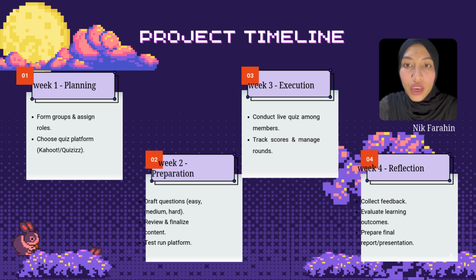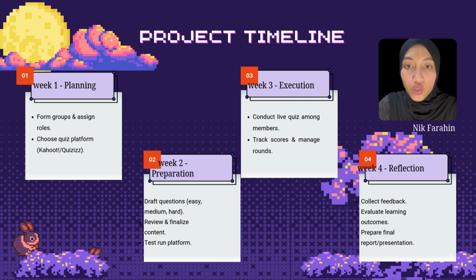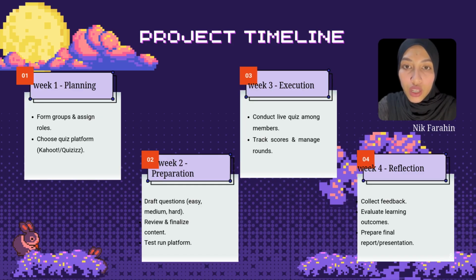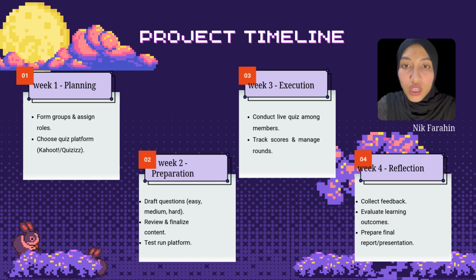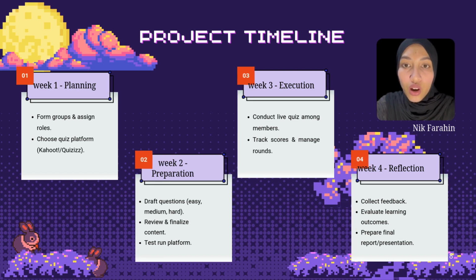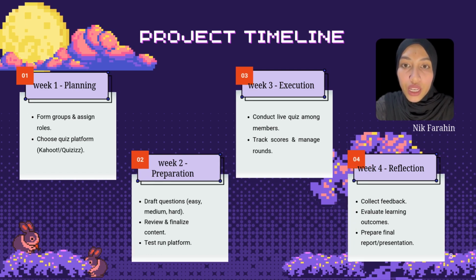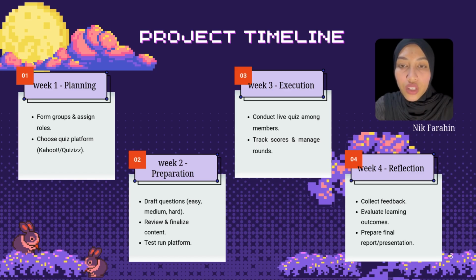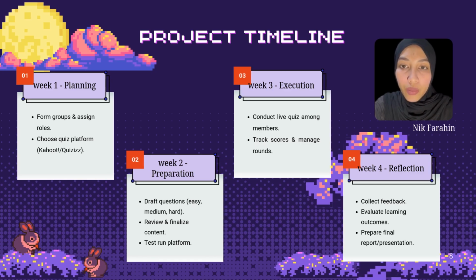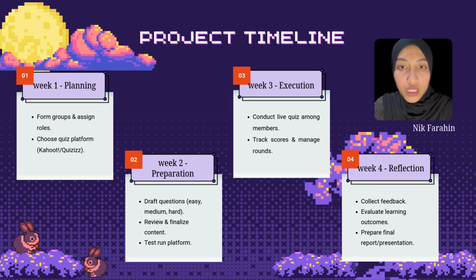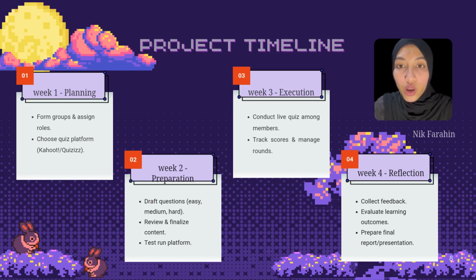These were then reviewed, finalized, and tested on the platform. In week 3, we carried out the execution stage, where the live quiz was conducted and scores were recorded. Finally, in week 4, we completed the reflection stage by gathering feedback, assessing the learning outcomes, and preparing the final report and presentation.